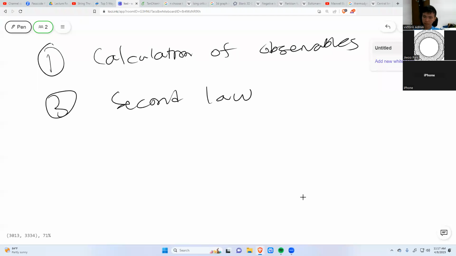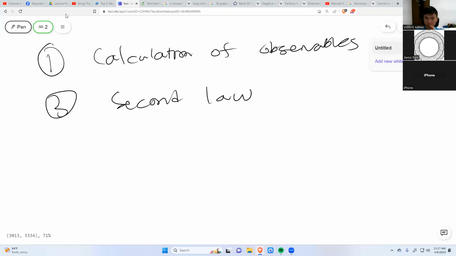But the second law, in my personal opinion, in undergrad is only really described on a qualitative level, which is definitely understandable. But undergraduate statistical mechanics does make some pretty clear-cut statements about the calculations of observables.